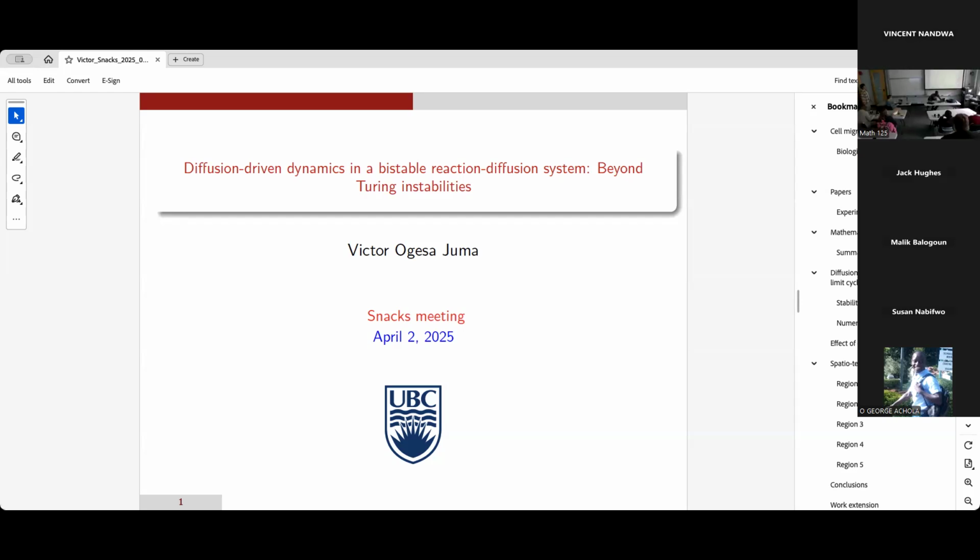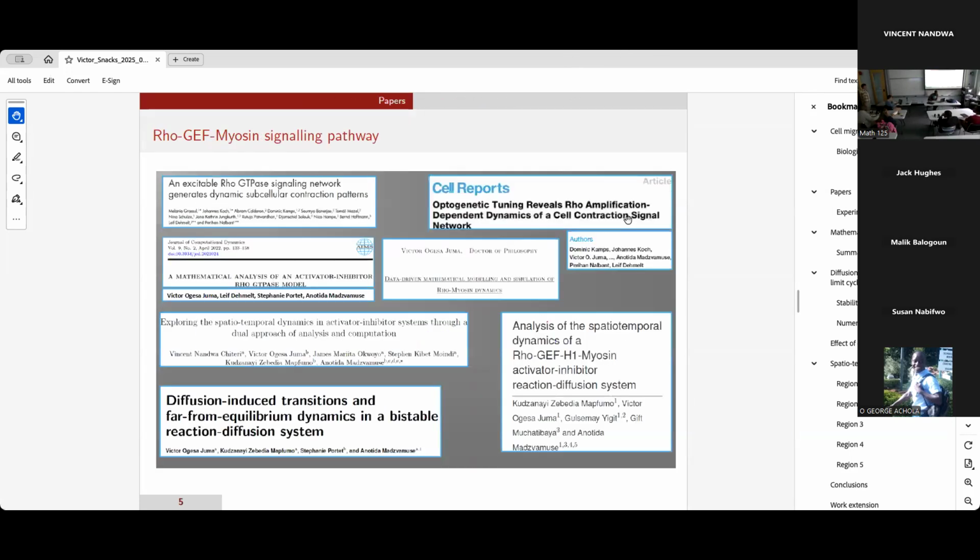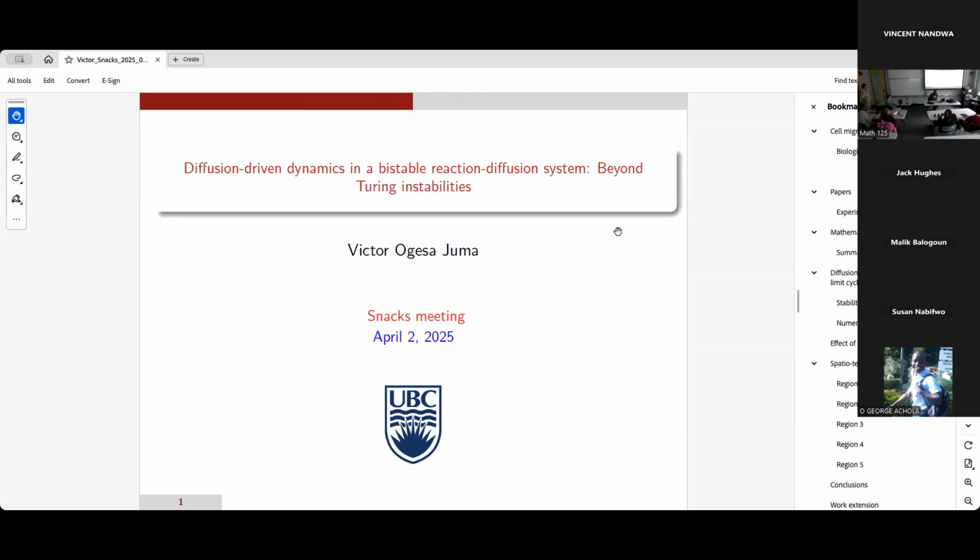Wait, just unshare and share it again. But now it's green again. Can you just scroll down to see if that moves? Let me make it full screen again. And then it pauses. That one does not go to full screen. Can I stop share?